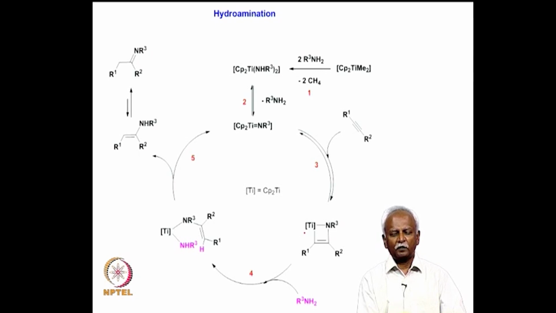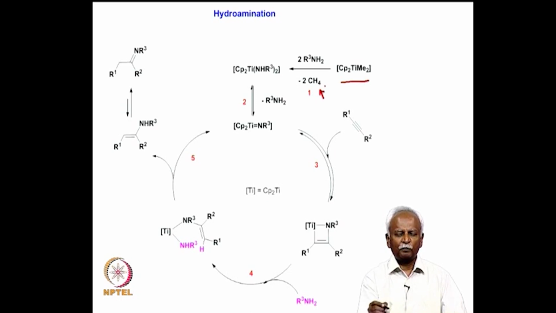Now, in the hydroamination reaction, because the nitrogen is more electronegative than hydrogen, you realize that Cp2TiMe2, this molecule, will readily react with the methyl groups, the alkyl groups, and release methane.